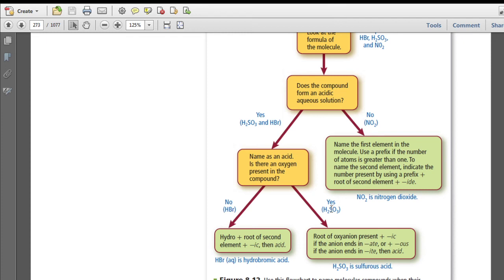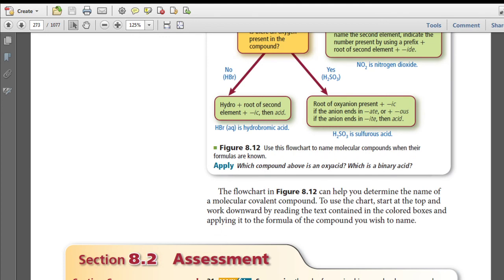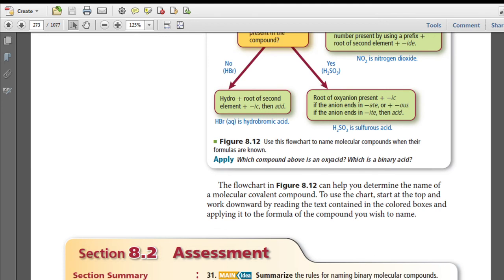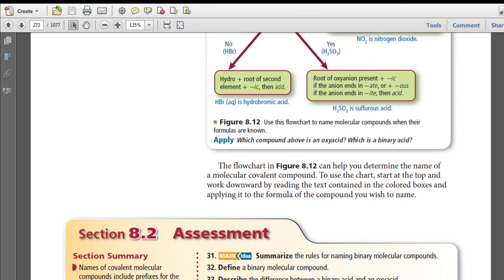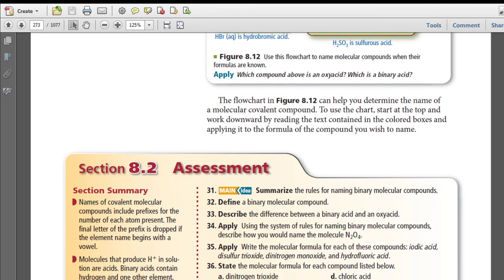But if it contains an oxyanion, it will go with that ic or ous followed by acid. Again, this flowchart can help you determine the name of a molecular covalent compound. To use the chart, start at the top and work downward by reading the text contained in the colored boxes and applying it to the formula of the compound you wish to name.